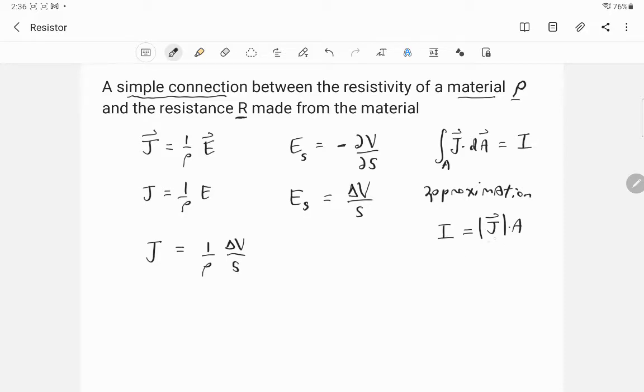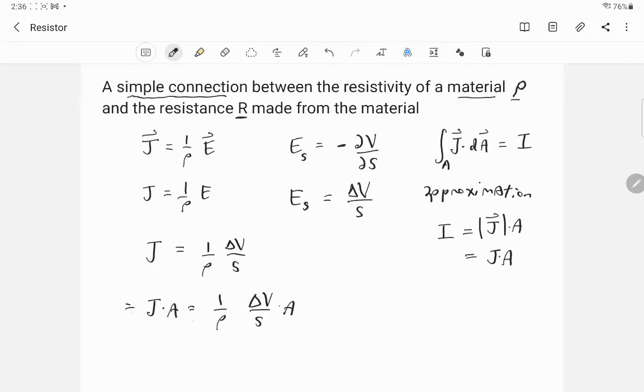So this magnitude of J, I just call it J, so let me just do J times A. So I've got J, and I've got this stuff here, so I'm just going to multiply by A. So J times A is 1 over rho delta V over S, and then multiply by A.